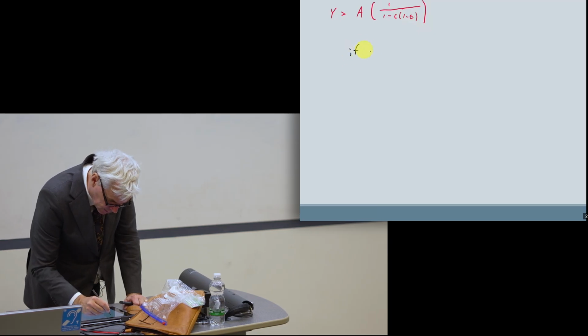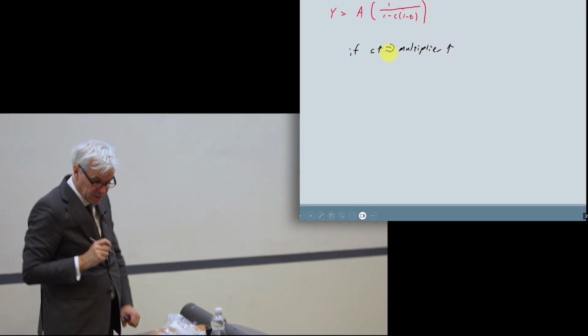So let me go to the next page so we have space to play with this. So we have the multiplier. Our logic is, if C goes up, the multiplier goes up.